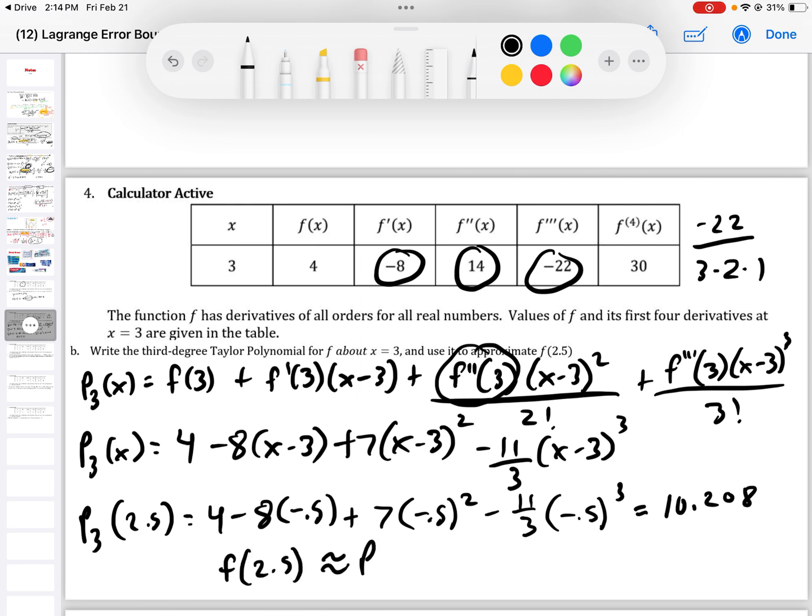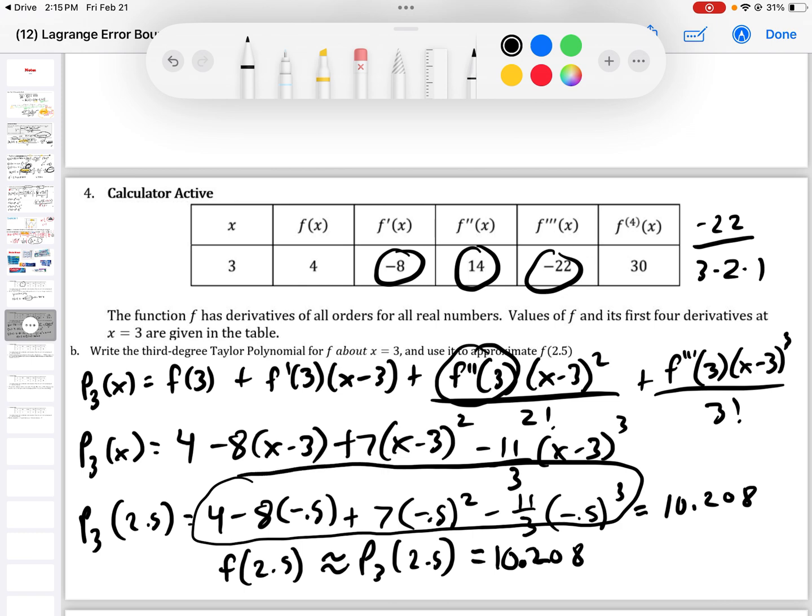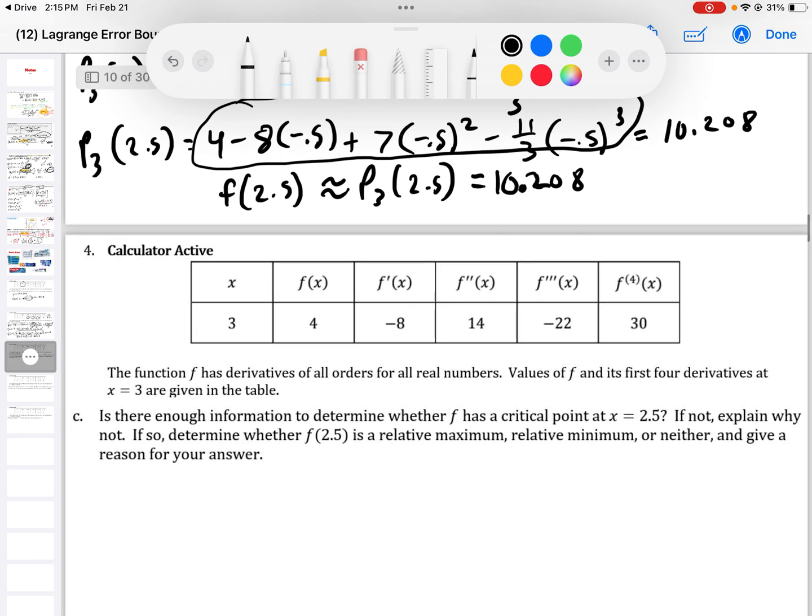So the way I could write this is I could say f of 2.5 is approximately P3 of 2.5, which is equal to 10.208, accurate to the third decimal spot. Okay, but I actually have a calculator, so I want to plug this into the calculator and get the actual number.